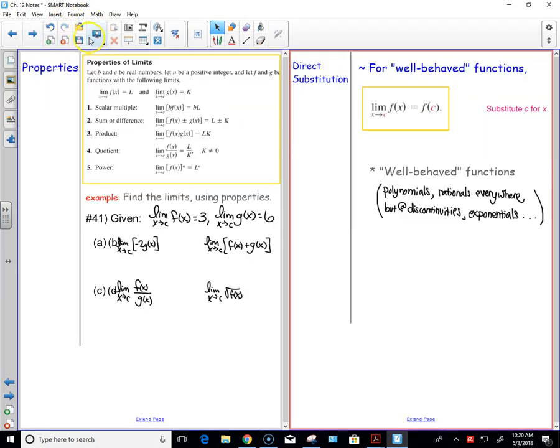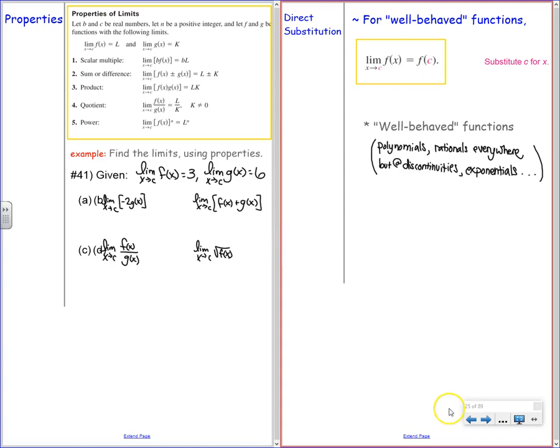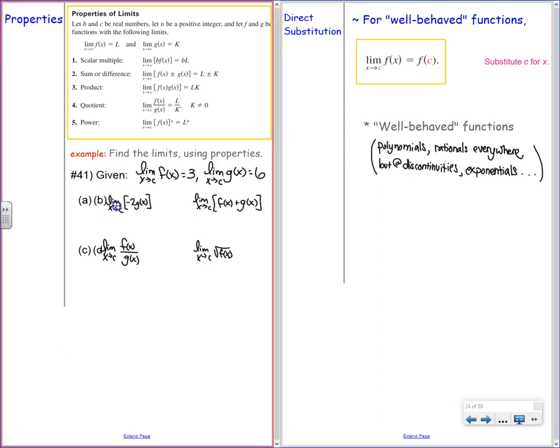The properties you're not going to have to memorize. This is basically the end of notes. Let me turn off both lights so you can see it better. But the properties are going to let us simplify some of these problems. Oh, my letters got all weird. That's why it looks funny. Don't worry.